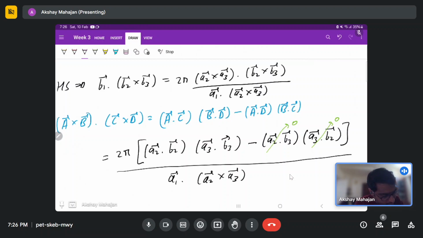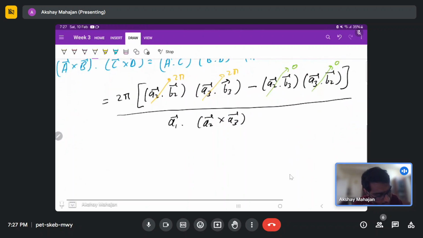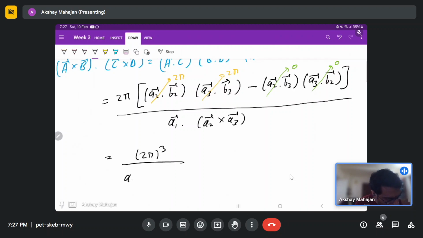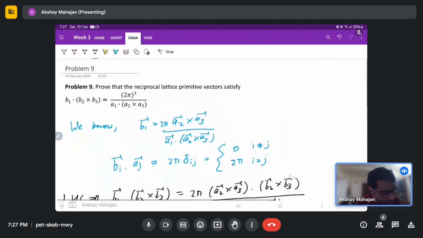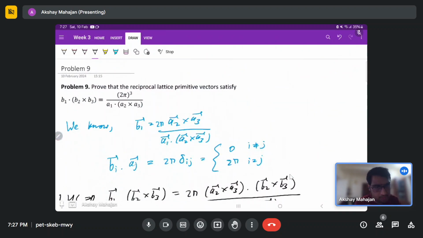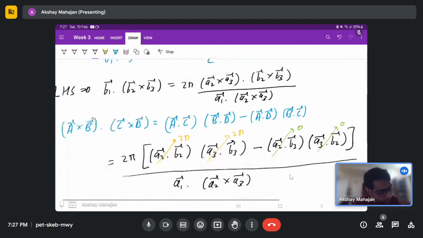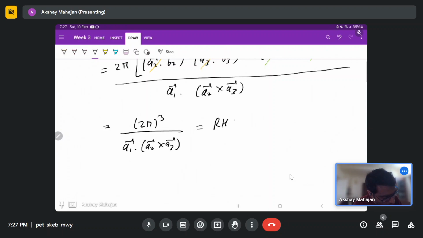And e2 vector dot b2 vector will be 2 pi, and e3 vector dot b3 vector will be 2 pi. So what we will get is 2 pi whole cube divided by e1 vector dot e2 vector cross e3 vector, and that is our RHS, what we had to prove. So that is equal to our RHS, and hence proved.